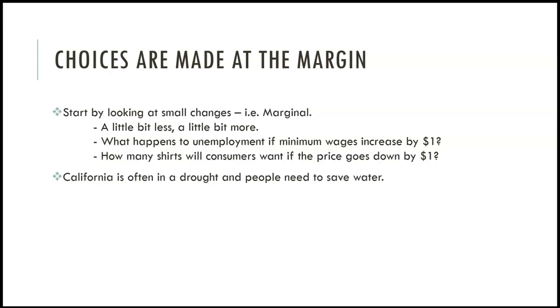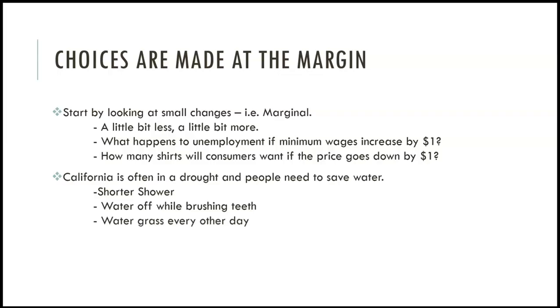California is often in a drought, and people need to save water. Typically, ads, government policies, things you hear at school from your friends, it's going to be marginal analysis. So you're going to take a shorter shower, a little bit less water, turn the water off while you're brushing your teeth, water grass every other day.